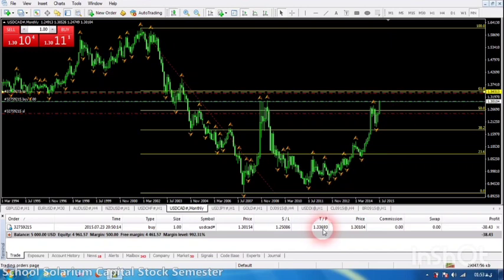So when the price reaches this 1.33693, this here will turn green and it will give me a warning that price is reaching that price. And when it reaches that exact price, the order will be automatically closed.